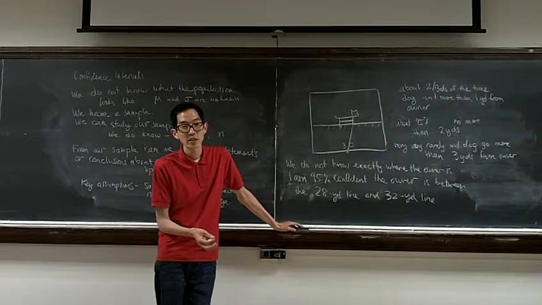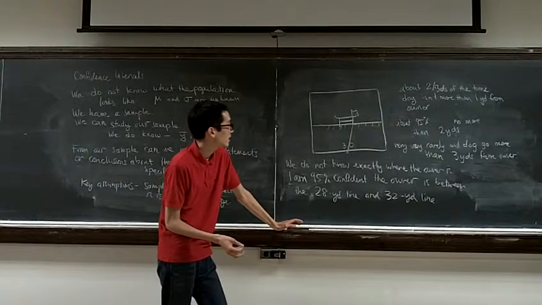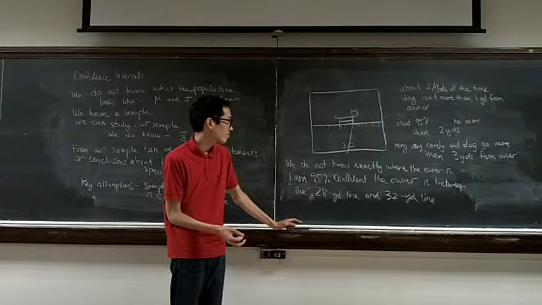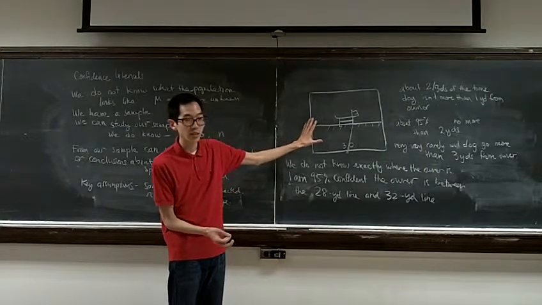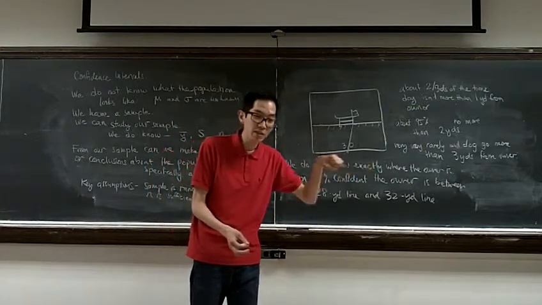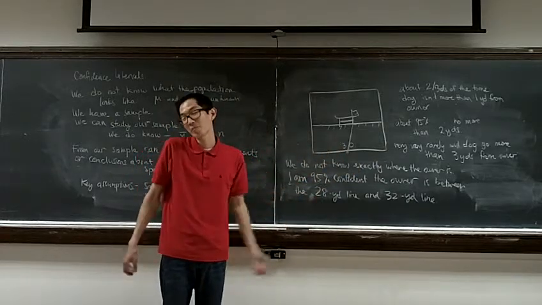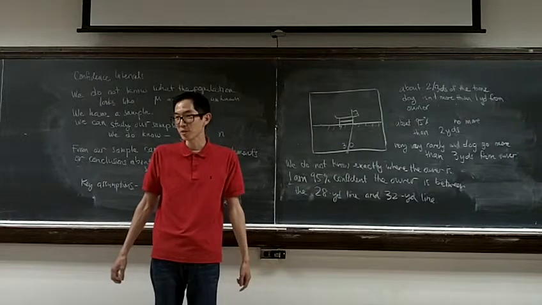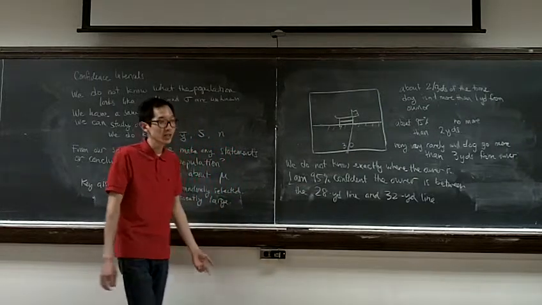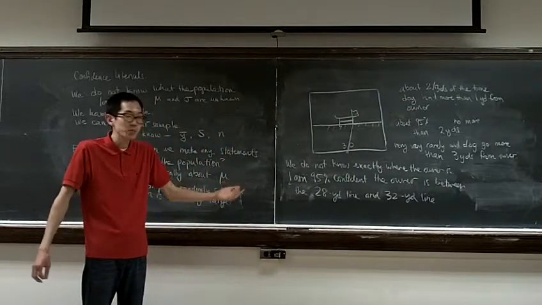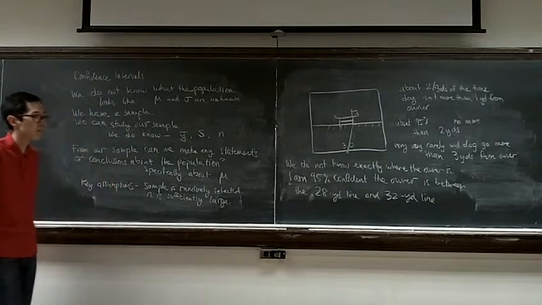No. Okay? It's very possible that the moment this photograph was taken, the dog was straining very hard against the leash and happened to pull more than 3 yards away from the owner. Okay? It's possible. Unlikely, but it's possible. Okay.